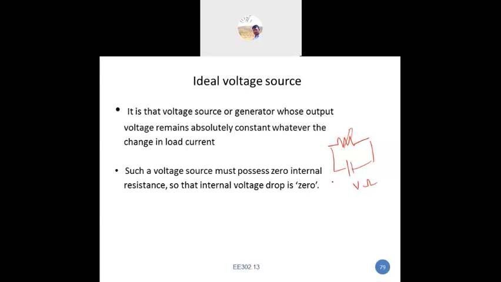In an ideal source the internal resistance is zero, so the internal voltage drop is zero. Thus the output voltage provided by it remains unchanged or constant. Practically, every voltage source has some internal voltage drop, but in an ideal voltage source, even if the load varies, the voltage will be constant.